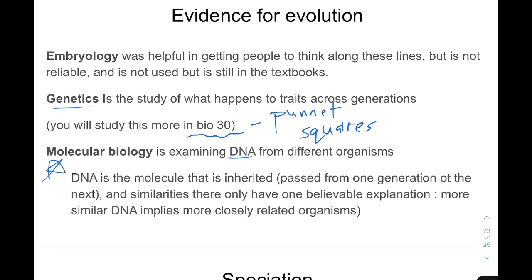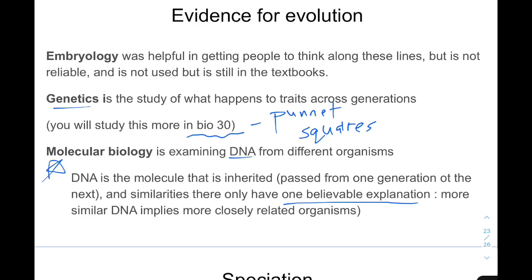The chances of DNA molecules being similar to one another just by chance and not actually related are so low that we can almost, and we do, ignore them. The chance that the DNA of two organisms will be the same, but they're not related, is basically zero. So if your DNA is similar, that means you have a relation. The closer your DNA is, the closer your relation.